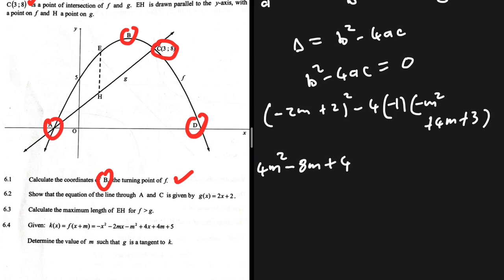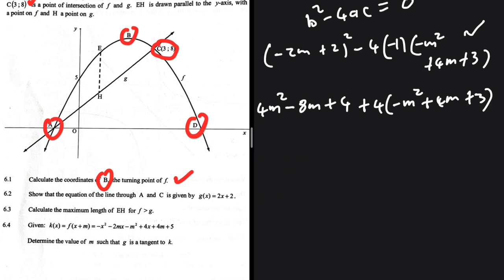I've just solved what is inside the brackets there, and I'm underlining so I don't lose track. Then minus 4 multiplied by minus 1 will be plus 4, multiplied by minus m squared plus 4m plus 3.